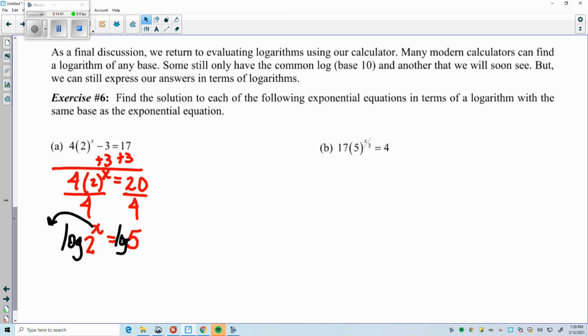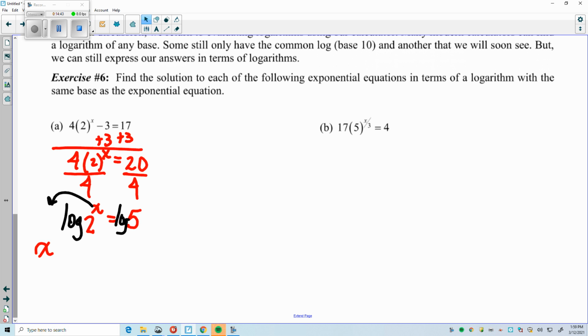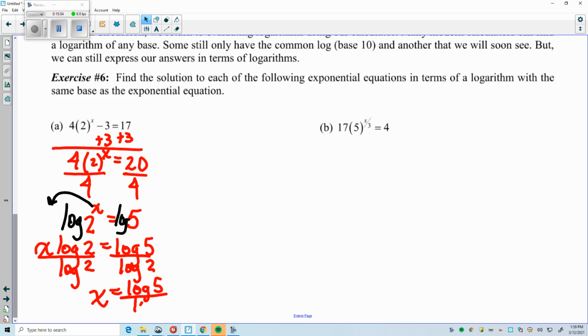So now we have something that looks like x log of 2 is equal to log of 5, and I could divide through by log of 2. And so now we get x equals log of 5 over log of 2, and we could put that in your calculator and get an answer.